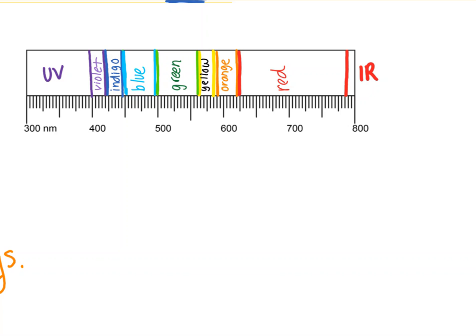The thing to watch for on this scale is that these are in nanometers, so you'll have to convert them if you need to go to energy. Also, the scale on this is kind of weird. You'll have to look at these numbers carefully to decide how much each line is worth.